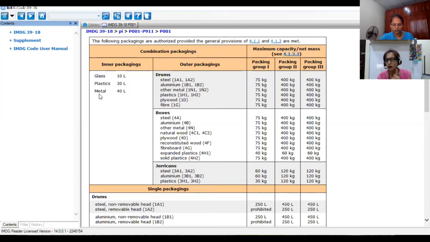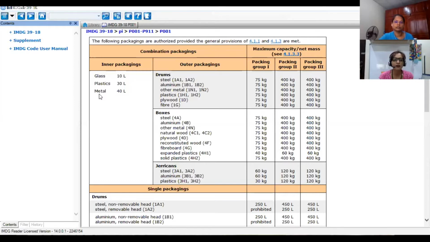So yesterday when we were doing part 4 and I was sharing parts of our code book on the screen with you, they mentioned that inner packages do not need to go for performance tests, that only outer packages needed to, but there was a condition to that. The condition was that the inner packages that contain 5 liters or 5 kg and less need not go for performance tests.